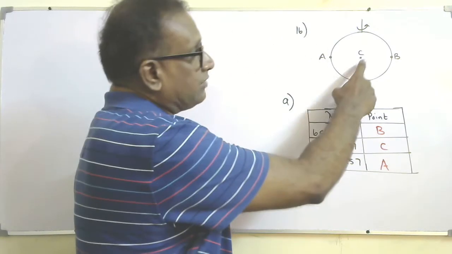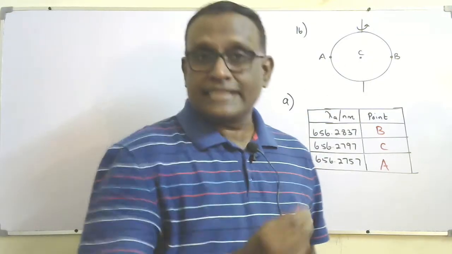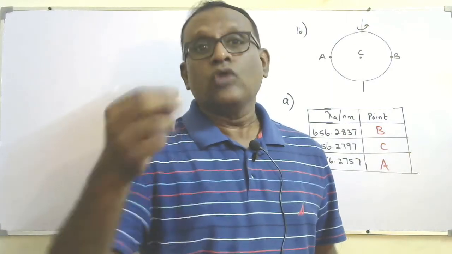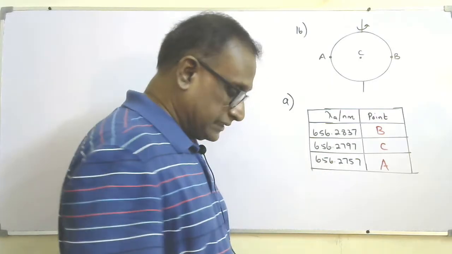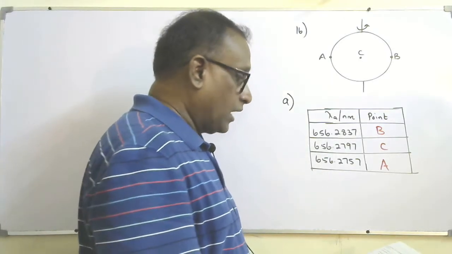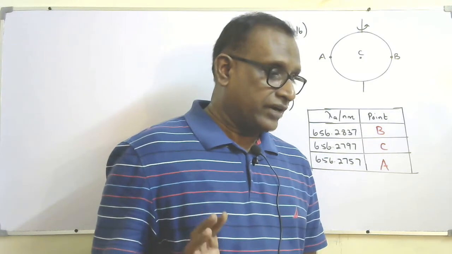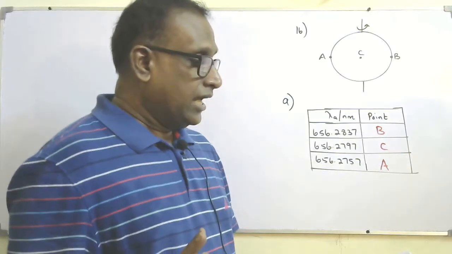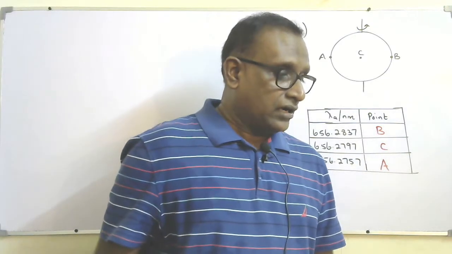So the wavelength that we receive from the center of the Sun will be the same as the wavelength of the same alpha spectrum of hydrogen when we get it from the laboratory. That is given on page number 15, question C part. They are saying in the laboratory the wavelength of the alpha line in the hydrogen atom spectrum is 656.2797. So that's the actual wavelength.